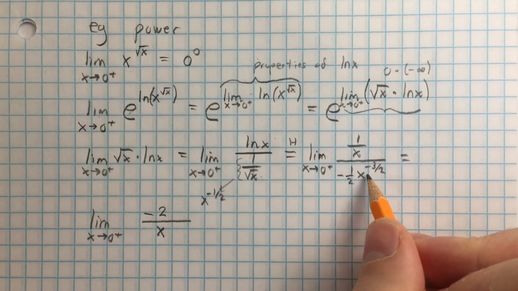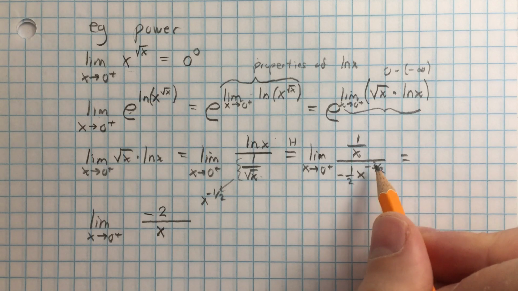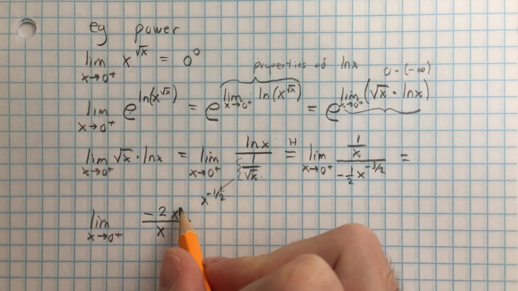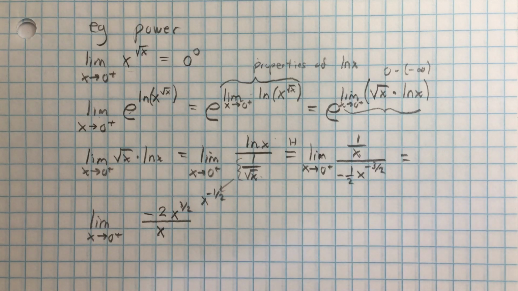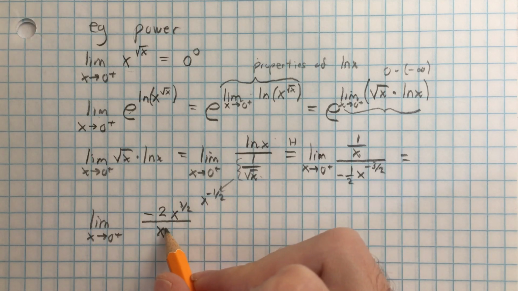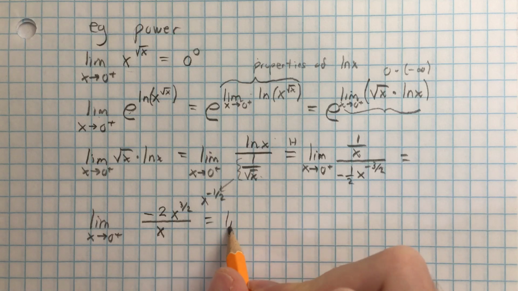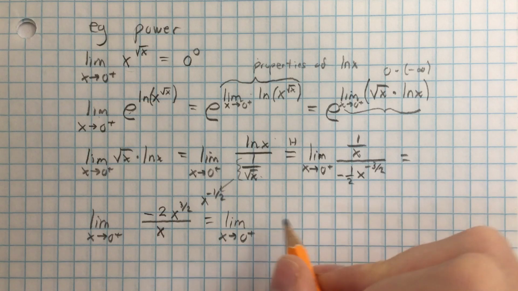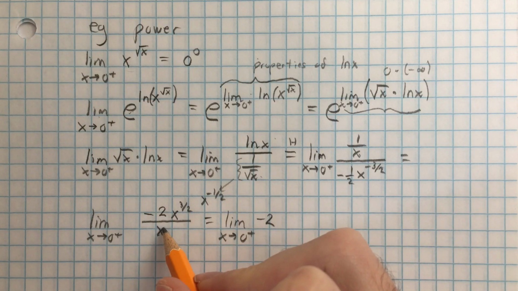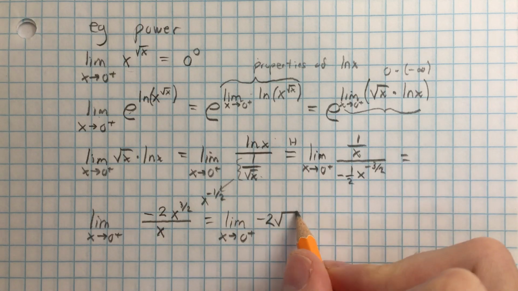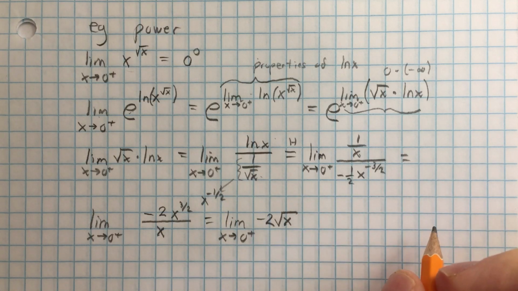This x to the negative 3/2, I can move up as x to the 3/2. Okay. So now canceling the 3/2 with the first power down here, we'll get the limit as x approaches 0 from the right of negative 2. The 3/2 power cancels the 1 power, and I have a 1/2. I end up with negative 2 root x.